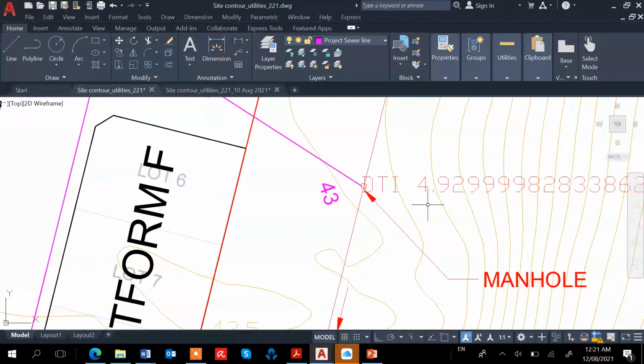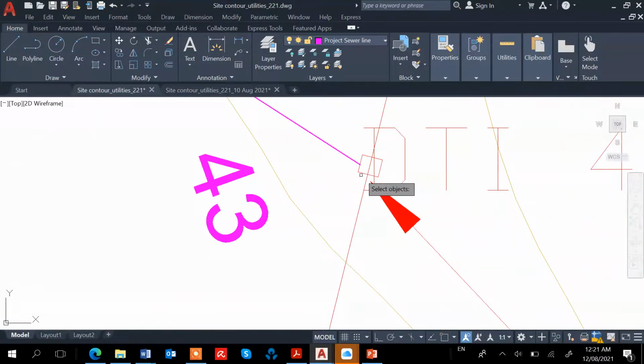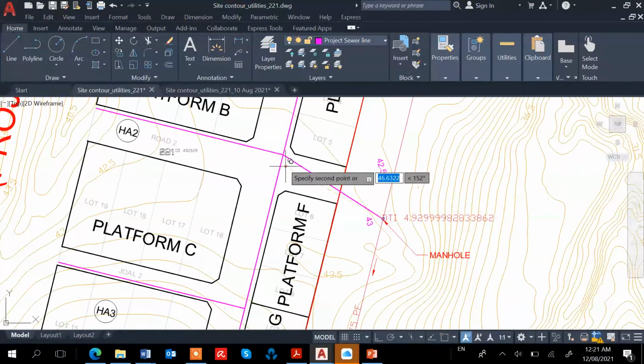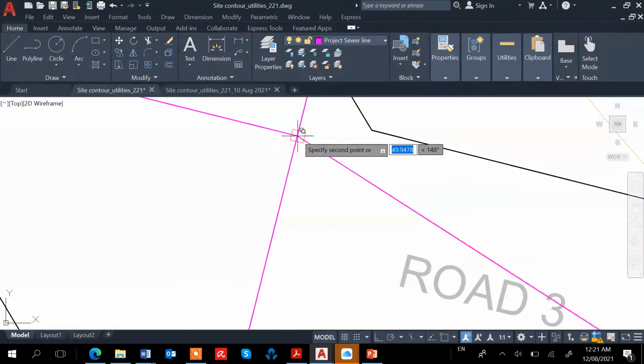I just copy this. We need a manhole. The manhole size needs to be determined later on as well. Just copy. Okay, probably I just put it here. So we need to put a manhole here. Just put it in the middle.